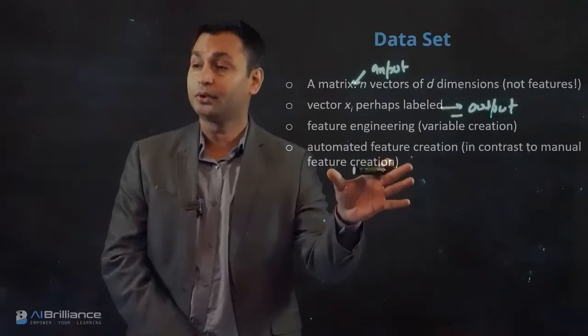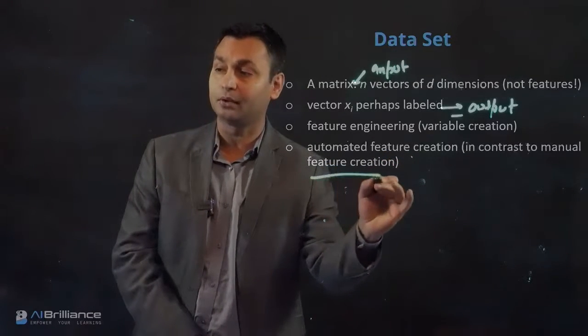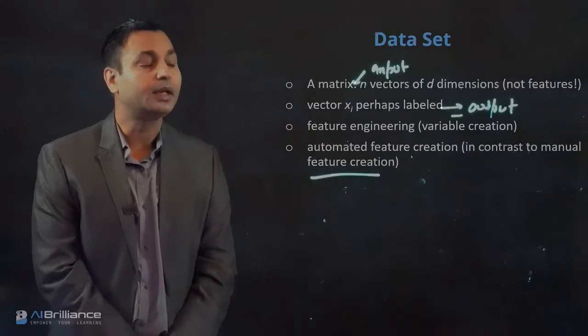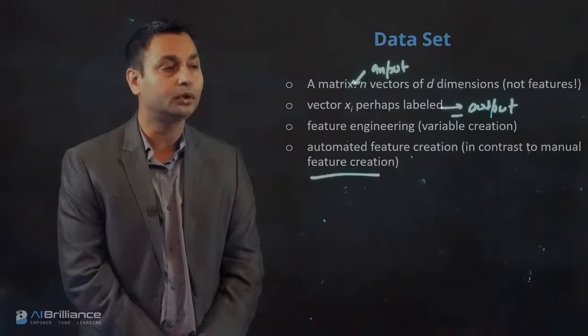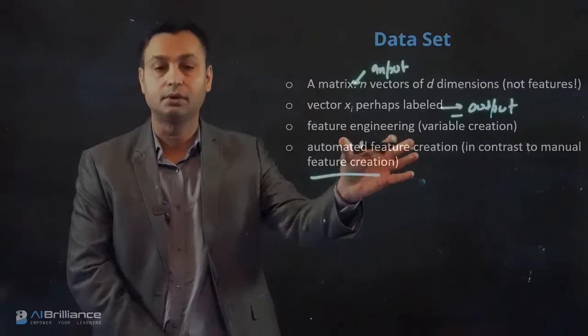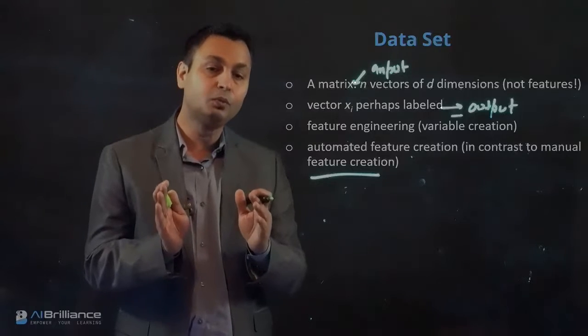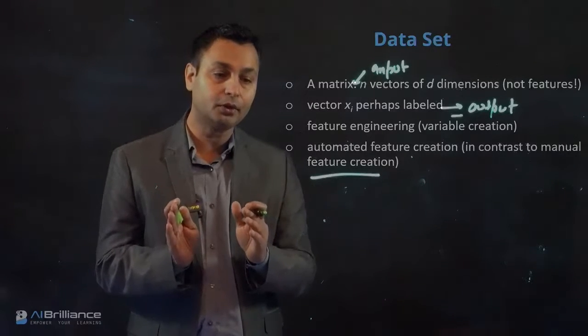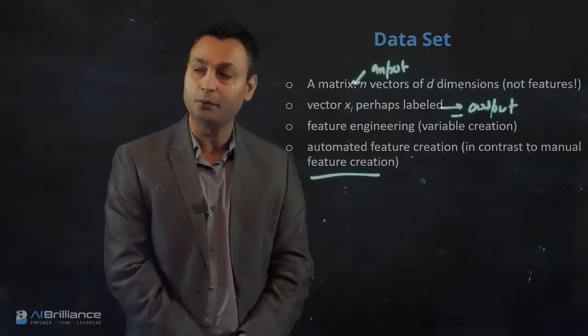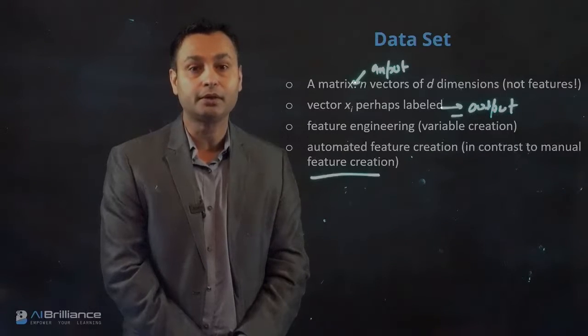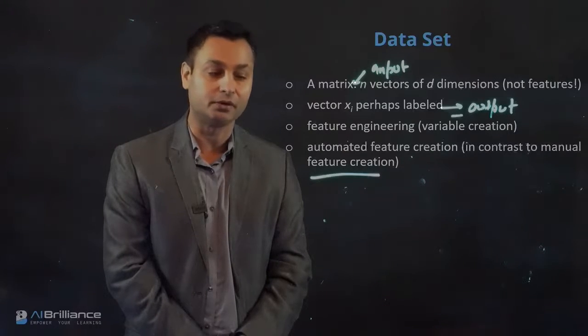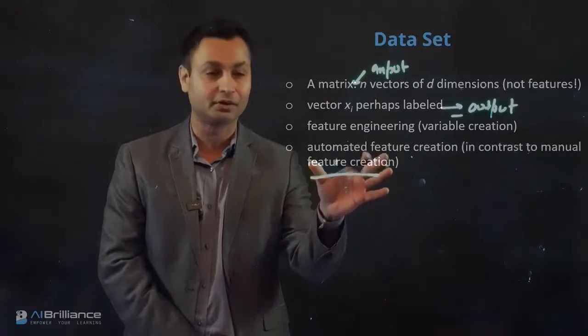But one of the most useful powers of the deep neural network is that you do not have to do manual feature engineering. Once you start moving from shallow neural networks to a deep neural network framework, the framework itself takes care of the features and does automated feature creation for you.